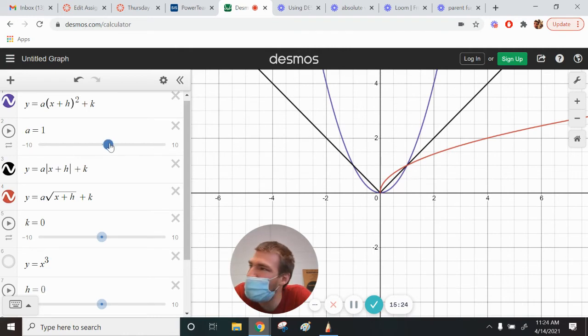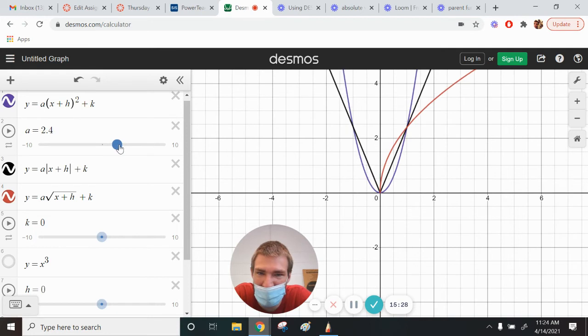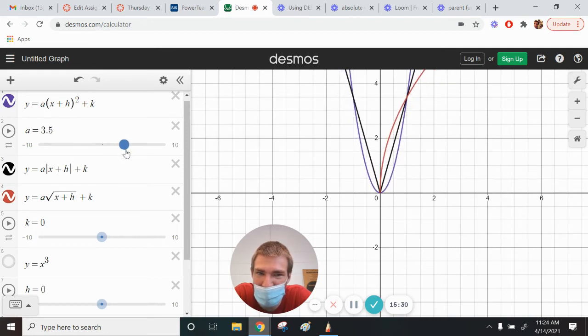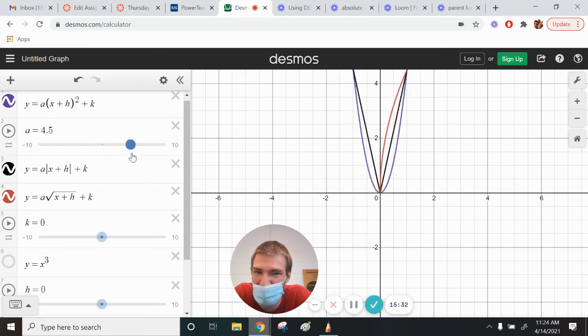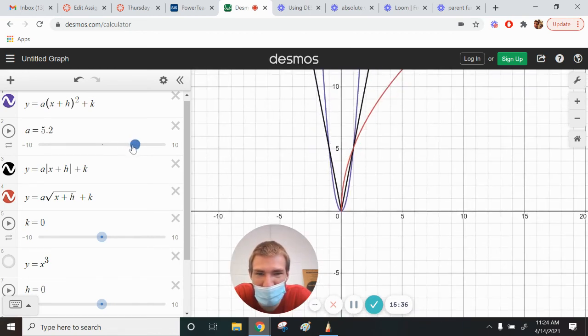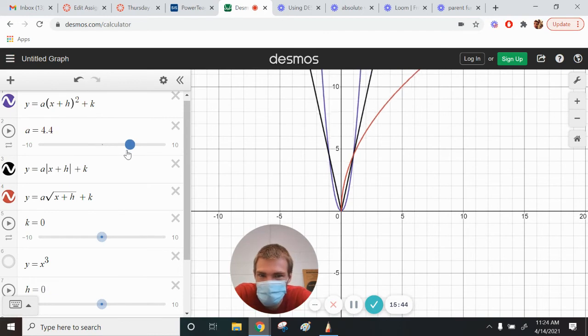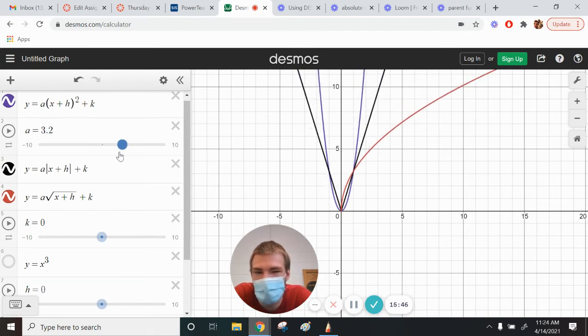Our A is going to, as we increase the A, be stretching our graphs up, okay? As we increase A, it's stretching it up and up. And then as we lower A, it is going to be compressing it down, right?